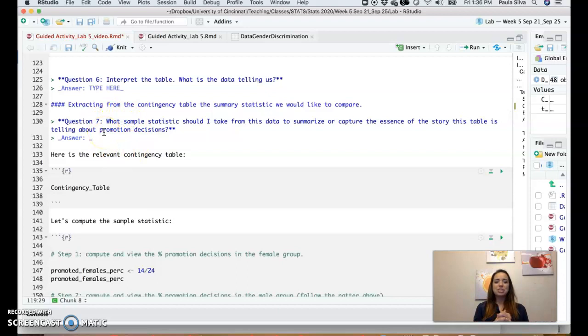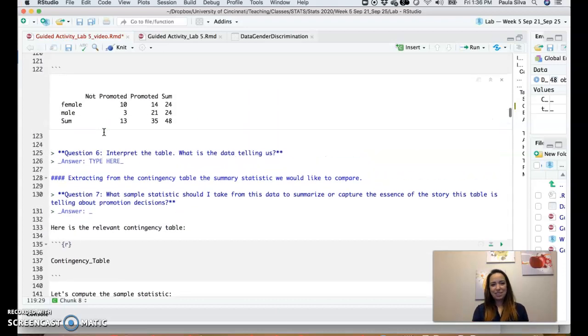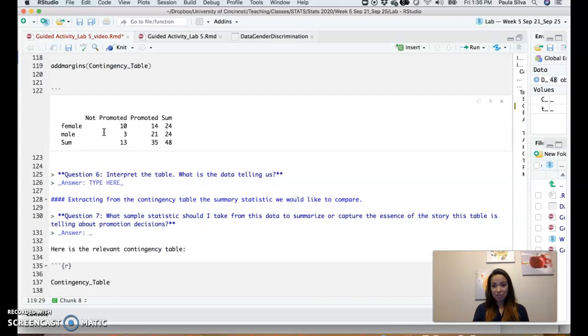So think about question 7. What sample statistic should I take from this data to capture the essence of the story this table is telling us about promotion decisions? If I need one number, what would this number be? So if you paused the video and you're ready for the response, then listen up.